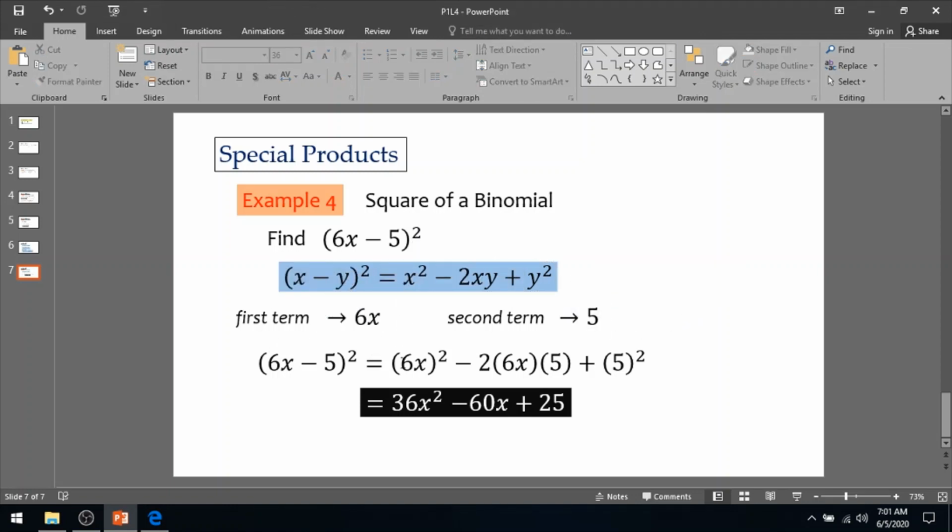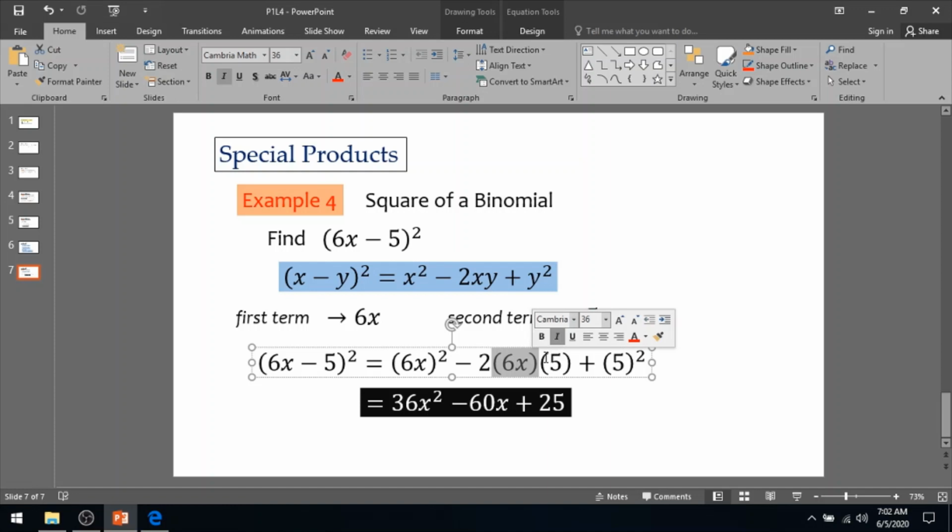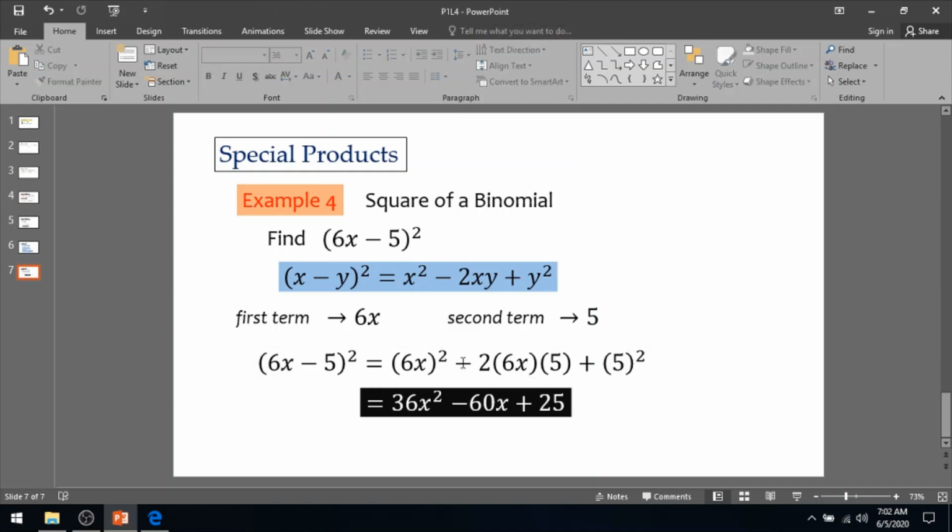So square of the first term minus 2 times the first term times the second term and the square of the second term. So 6x squared is 36x squared and negative 2 times 6 is negative 12 times 5, that is negative 60. So negative 60x and square of 5 is 25. Therefore, this is the answer.